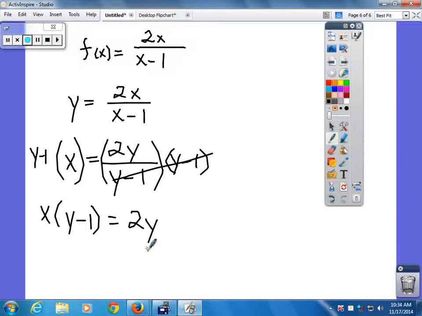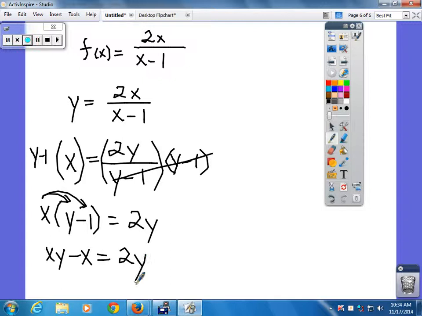Well, this is a mess. Now, go ahead and distribute this and this, because you got to get the y's on one side. So that's xy minus x is equal to 2y.